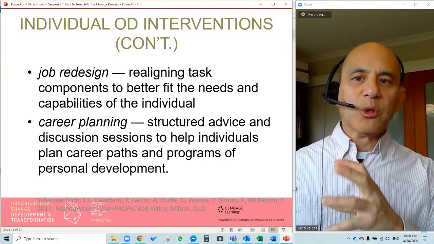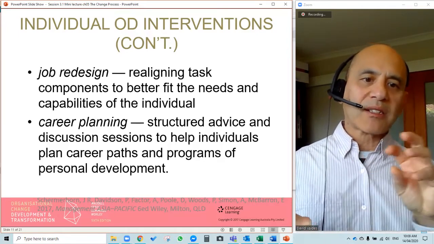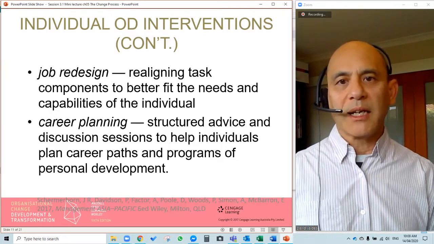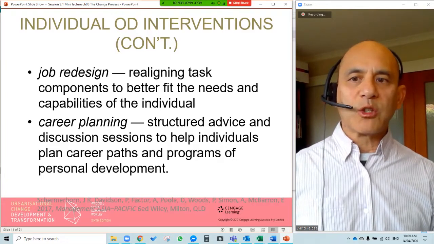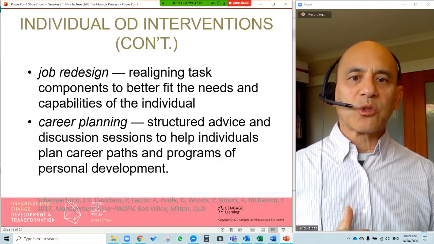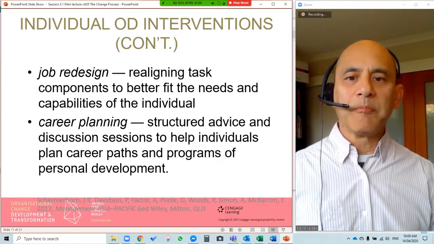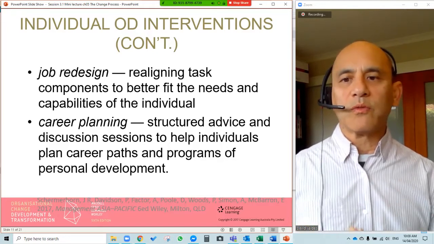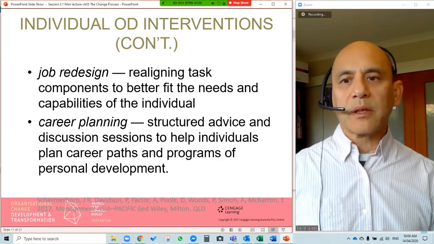If he's not very good at that kind of duty, maybe you can take that task away from him and give it to somebody who is better suited for it. Another intervention might be career planning: structured advice and discussion sessions to help individuals plan their career paths within the company, and give them programs to improve their personal development, so that they can progress within the company.